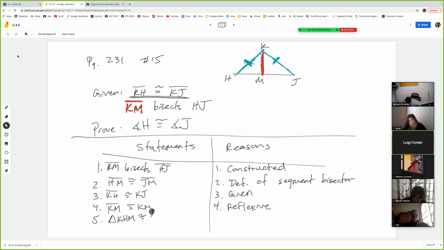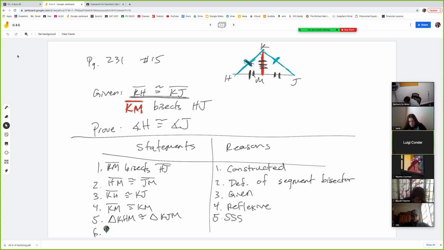5, triangle KHM is now congruent to triangle KJM. And the reasoning would be SSS, because we've got side, side, and side. So we know now the two triangles are congruent. Now that the two triangles are congruent, you can say any parts of the triangles are congruent.